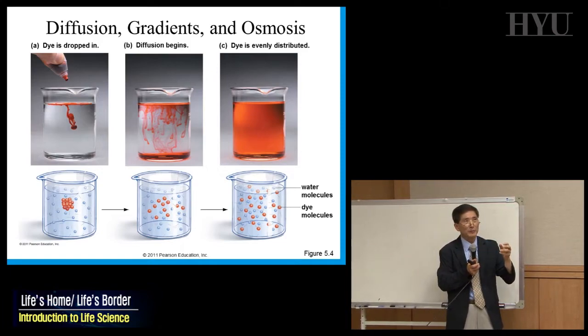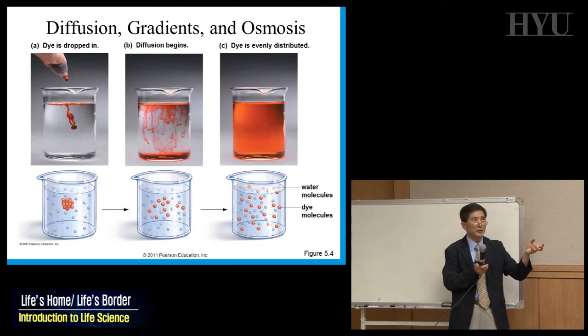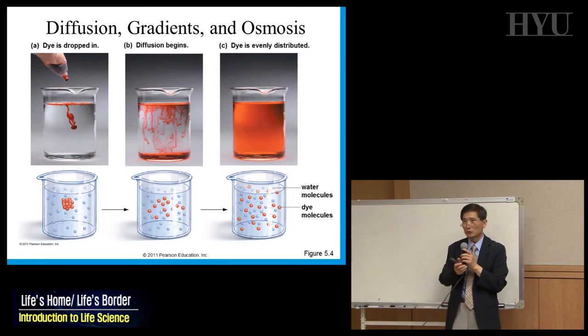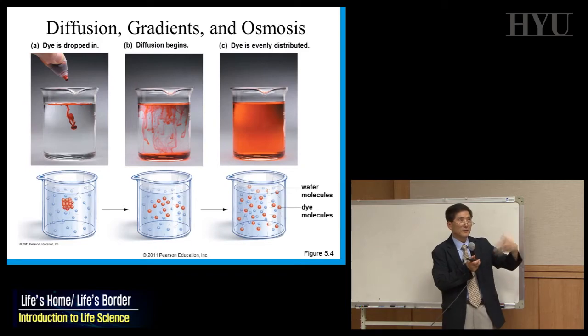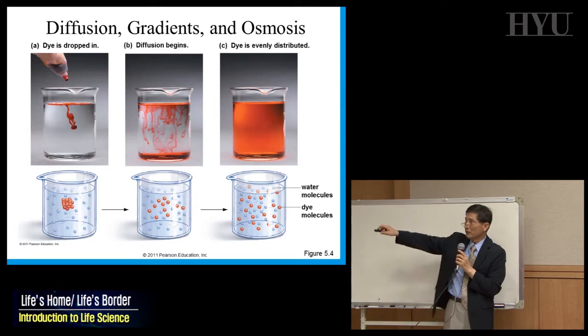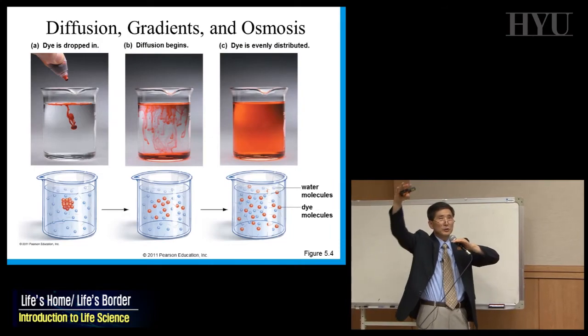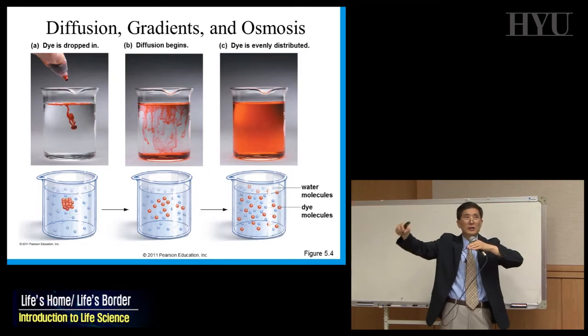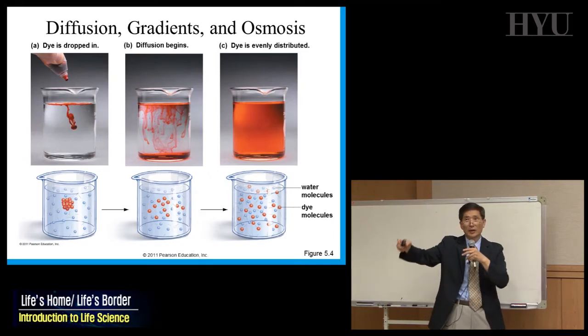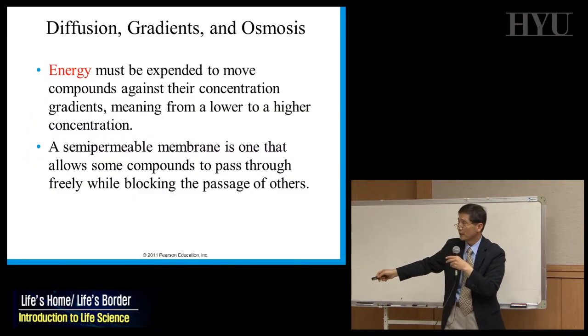You can go back, but you have to put energy into it. How can you do it? You maybe filter it or somehow dry it and then come up with it again. But diffusion is from higher concentration to lower concentration. The difference between concentrations, we call it a gradient.